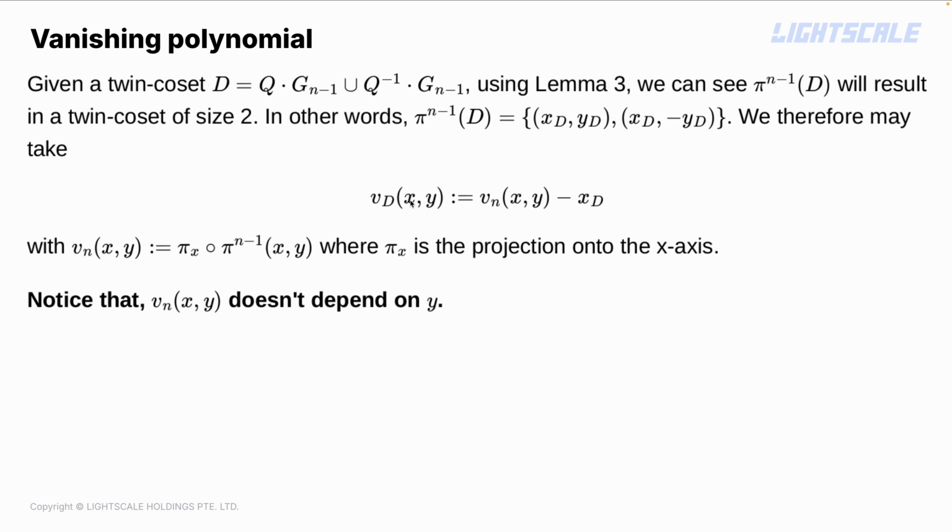We can define this vd of x, y to be this also. But this is for the twin coset case; if D was not a twin coset, then it's going to be different than this. So in the twin coset case, we can define it like this.